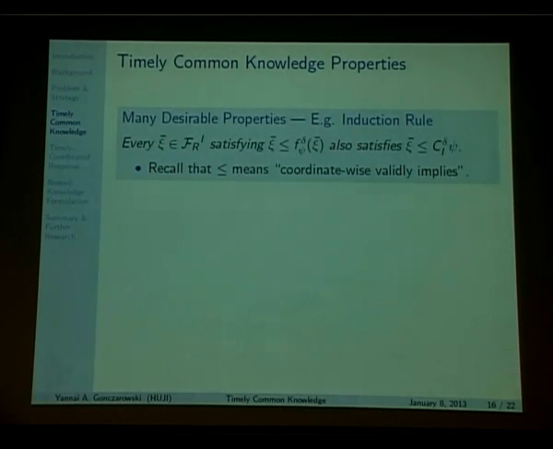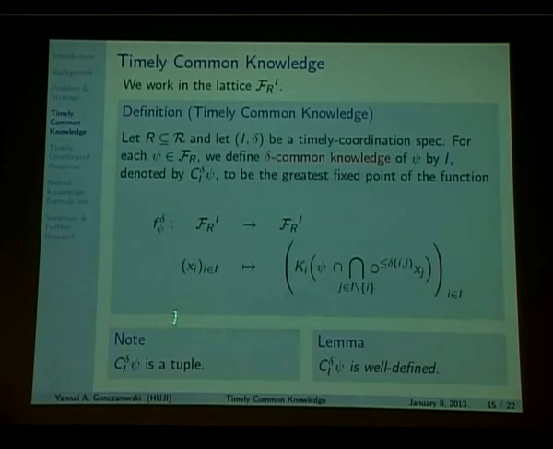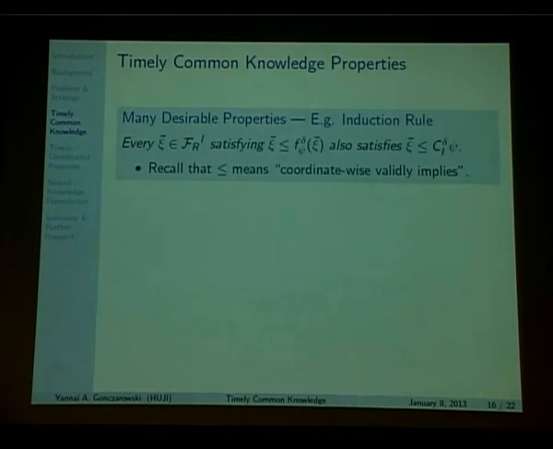If we have a tuple of events satisfying this, when you plug in the tuple instead of the x's, which means that the event corresponding to L implies the left side when you plug in the events for L, R, and D here, and so on for the rest of the coordinates, then it actually coordinate-wise validly implies timely common knowledge.